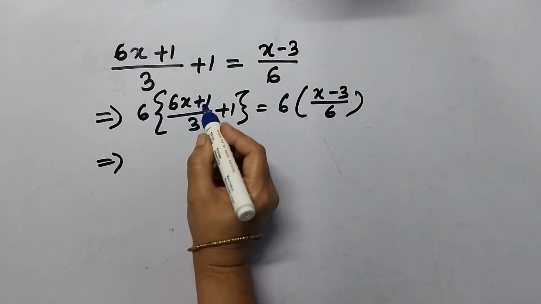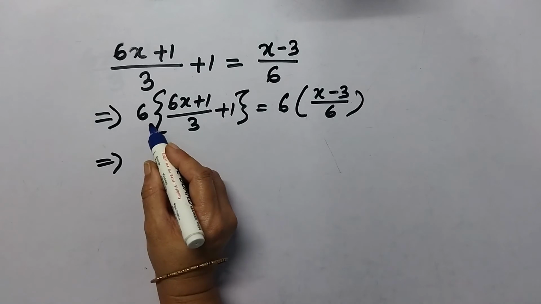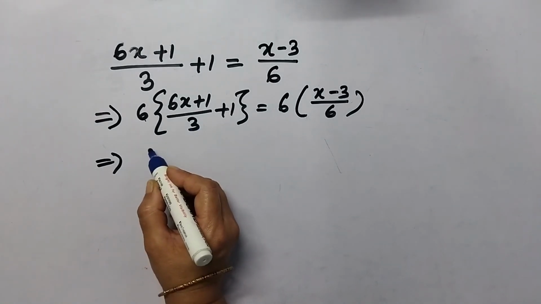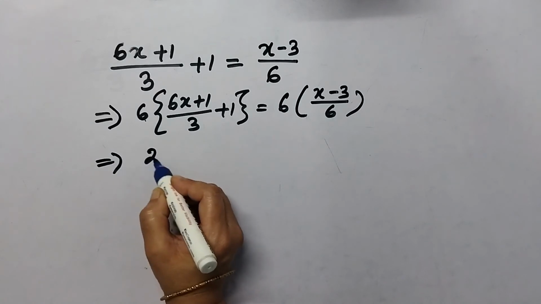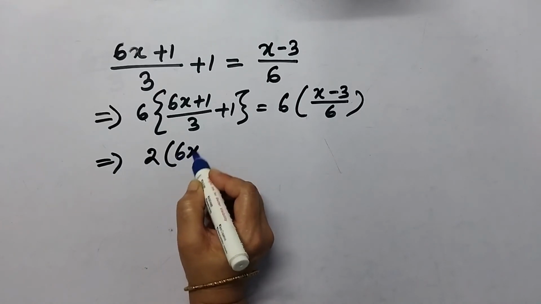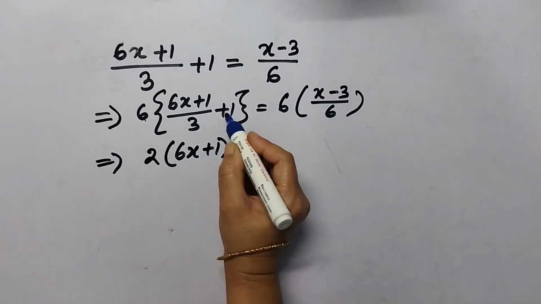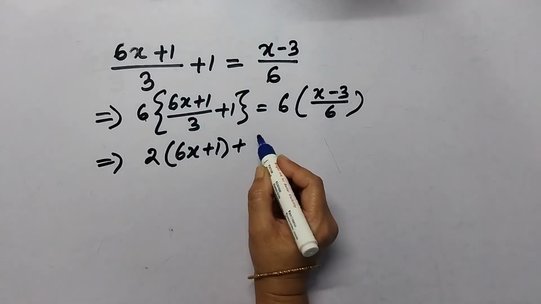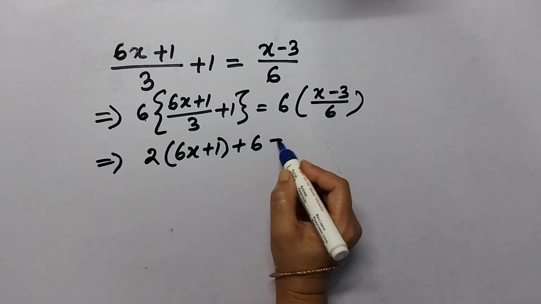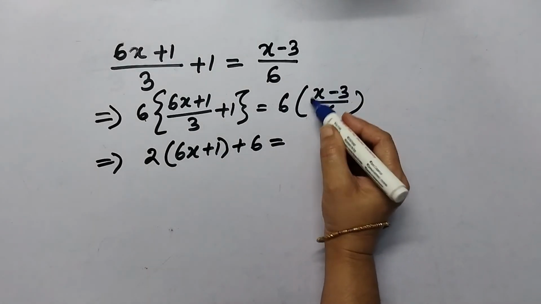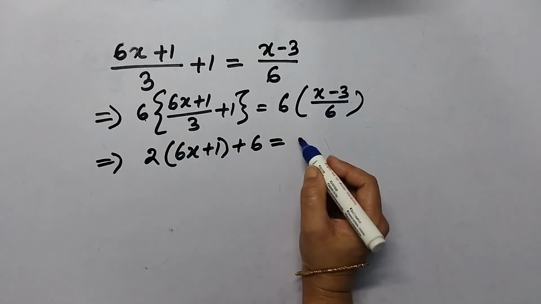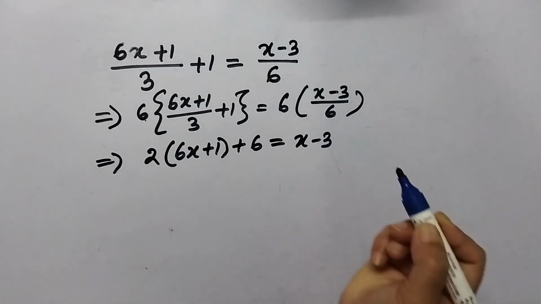When we multiply the first term, 3 and 6 reduce, so it becomes 2 into (6x plus 1), and this plus 1 also we have to multiply by 6, getting 6. On the RHS, 6 and 6 is the total one term, so 6 and 6 reduce and we get only x minus 3.